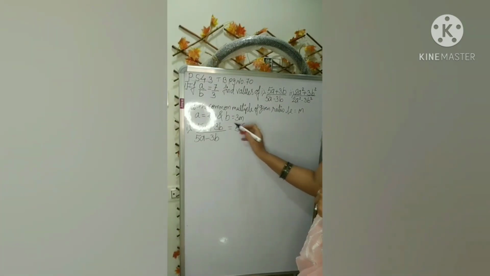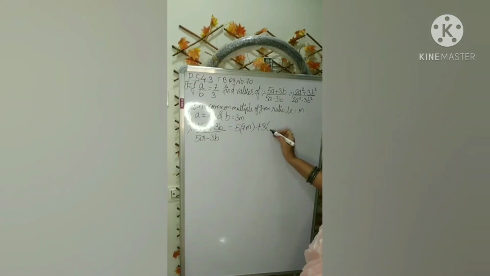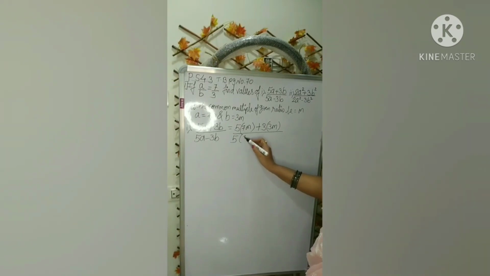So that means 5 multiplied by 7M, plus 3 multiplied by 3M, upon 5 times 7M minus 3 times 3M.